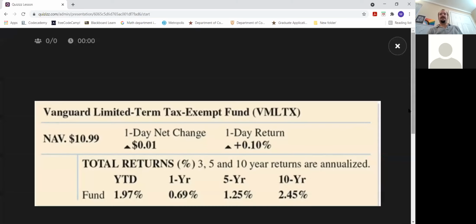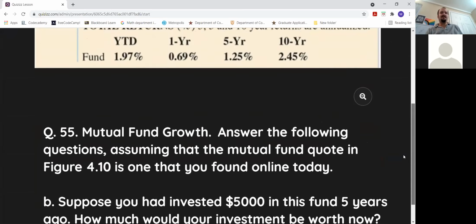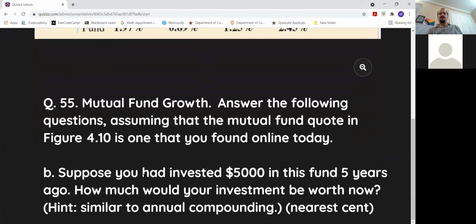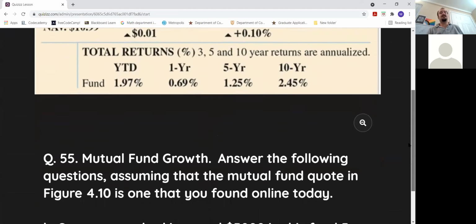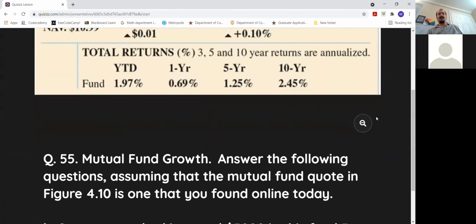Okay, now they're wanting to know if we invested $5,000 5 years ago, how much would your investment be worth now? My hint is that when you figure this out, it is similar to compound interest. So we're looking at compound interest with an APR rate of 1.25, and you figure it like it's annually compounded, using the annual compounding formula, once per year, at a rate of 1.25.